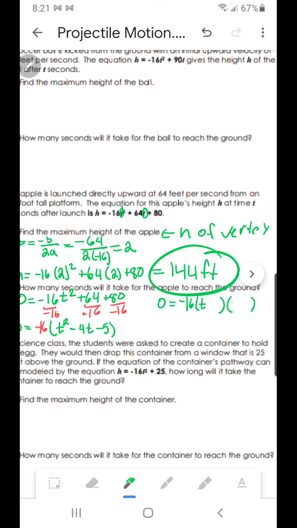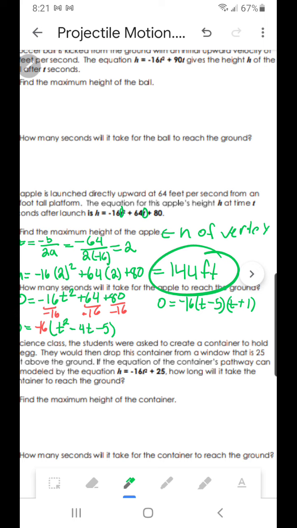I need 2 numbers that multiply together to give me negative 5 and add together to give me negative 4. I believe that's a negative 5 and a positive 1. Negative 5 times positive 1 equals negative 5. Negative 5 plus positive 1 is negative 4.